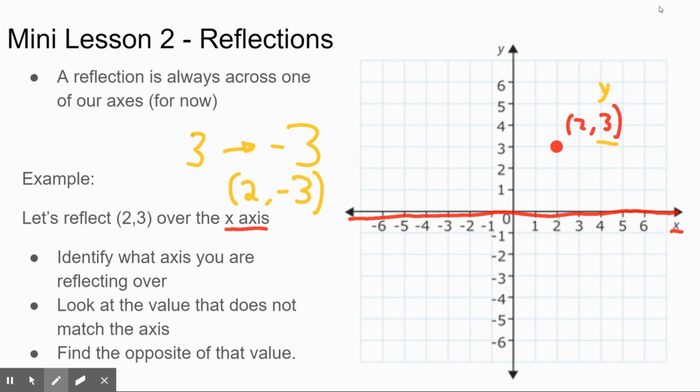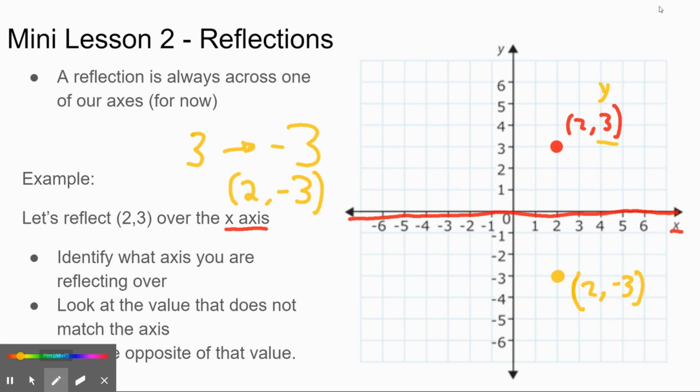So we'll go over to 2, and we'll go down to negative 3, and we'll plot our point there. Now we have plotted the reflection, which will be the point 2, negative 3. Now to check your work, there's a great way to do this.